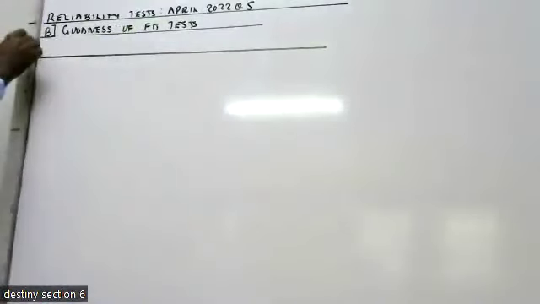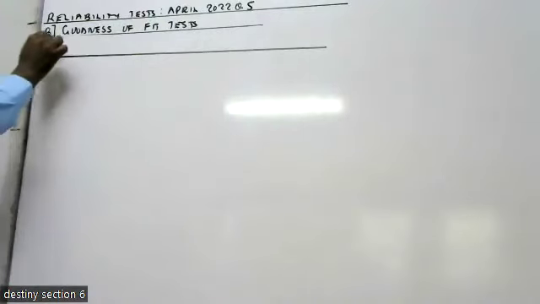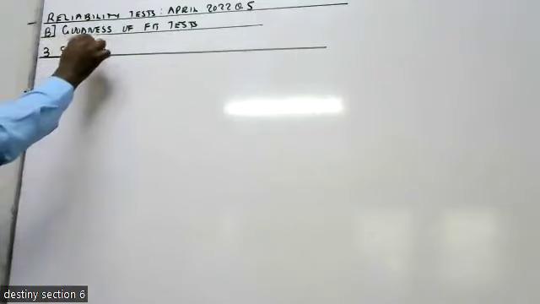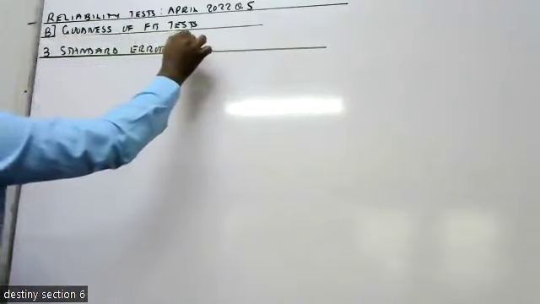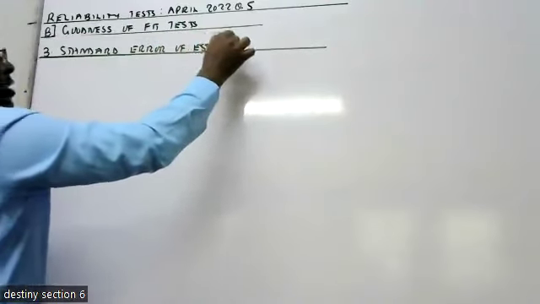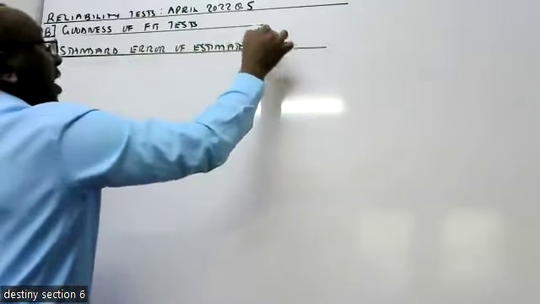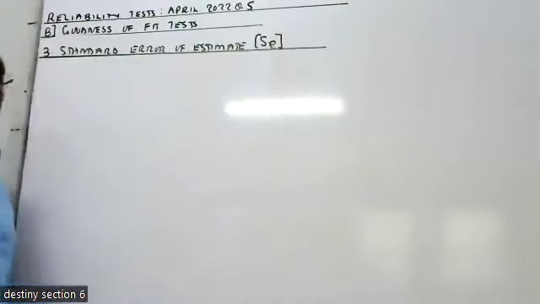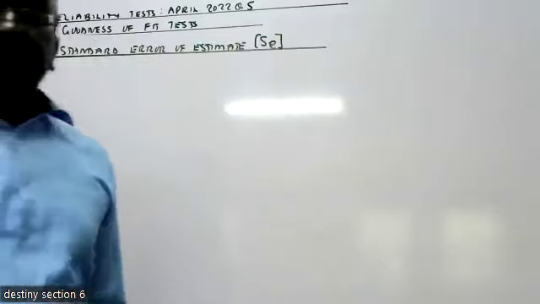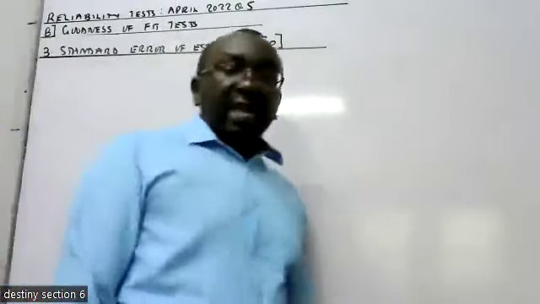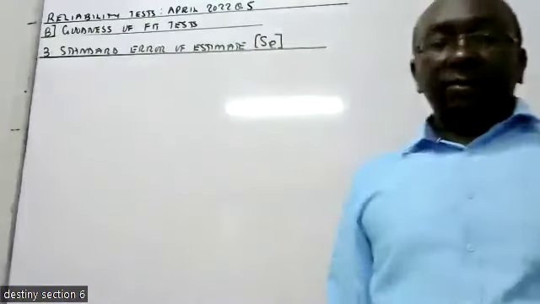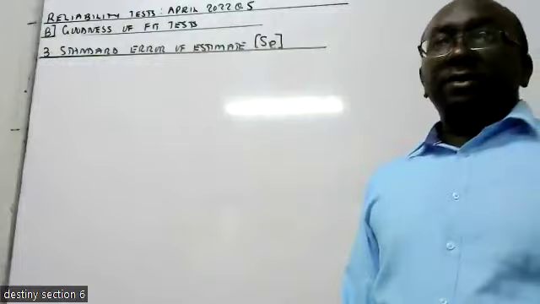So we are computing something called the standard error of estimate. Now, this standard error of estimate is normally given as SE. It shows us the amount of error that is contained in the predicted value.